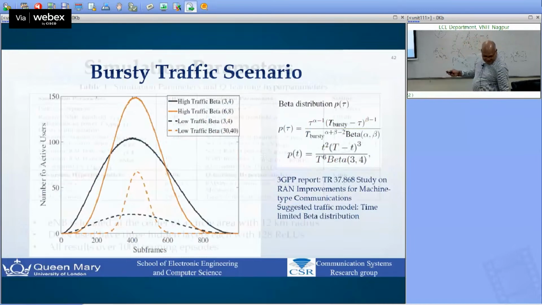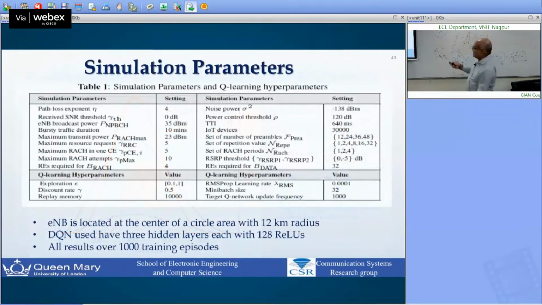When we model it, we consider the deep Q network. We consider a 3-layer neural network, each layer having 128 rectified linear units. To do the simulation, we use Python. In Python, you can use the neural network library Keras.